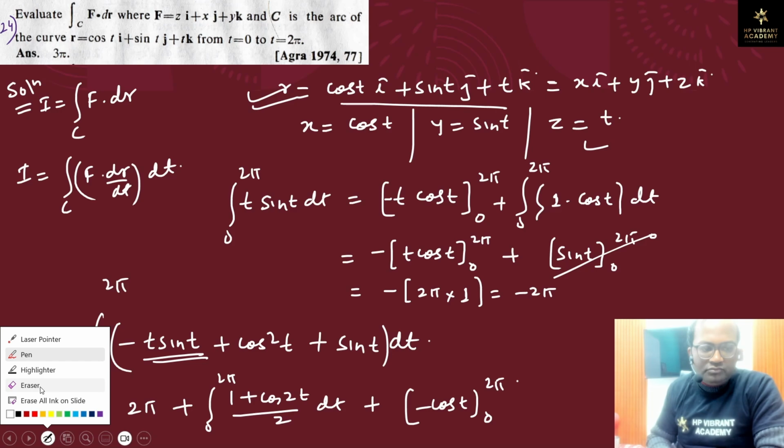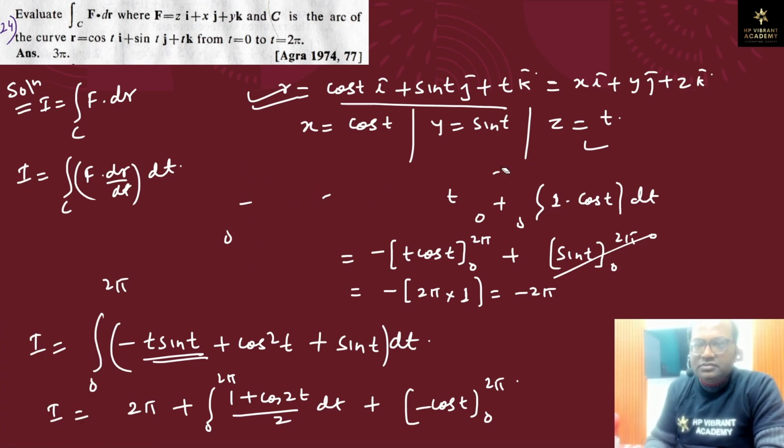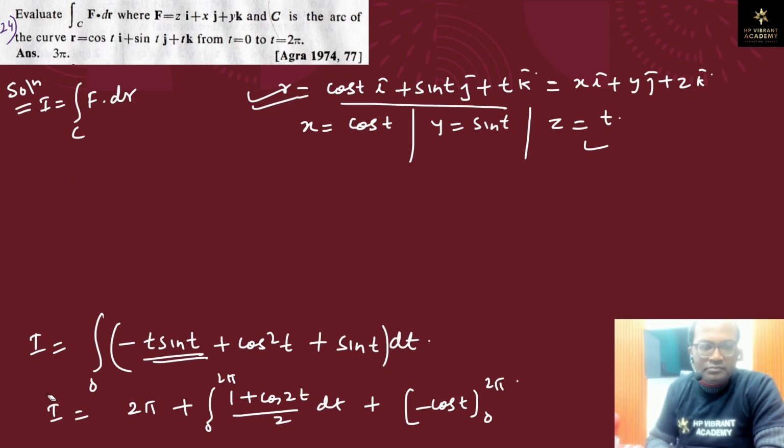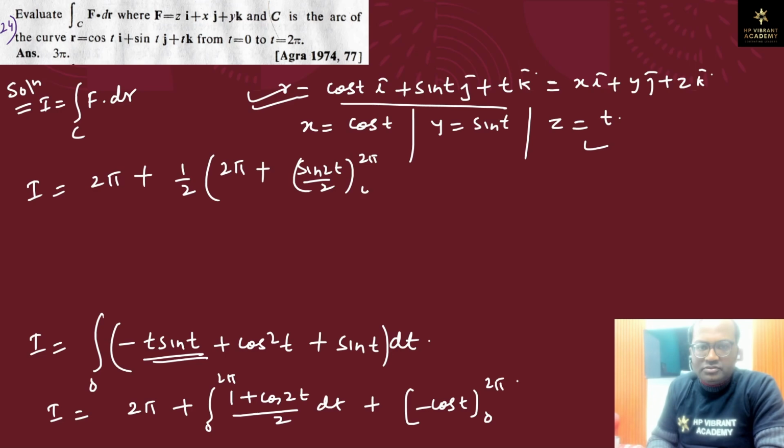Let us further simplify this. So we have the value of I as 2 pi plus half times 2 pi, plus the integral of cos 2t, which is sin 2t upon 2, from 0 to 2 pi, which is 0, plus the minus cos term: cos 2 pi is 1 and cos 0 is 1, so this is 0.